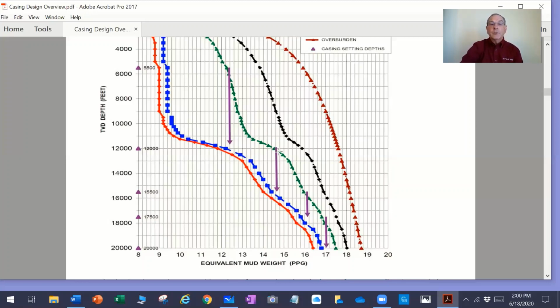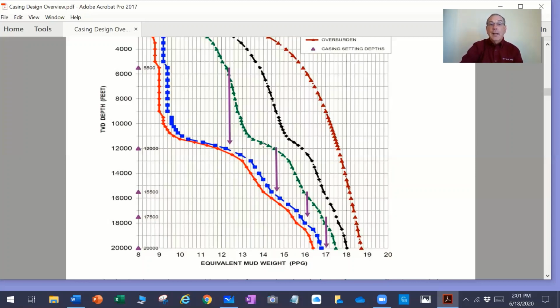So if I have a sand right below that shoe, it's going to be about 14.5 pounds per gallon. And there's nothing wrong. It just means that in order to mitigate lost returns, I can't go any farther in my well with increasing my mud weight than whatever this limitation is.